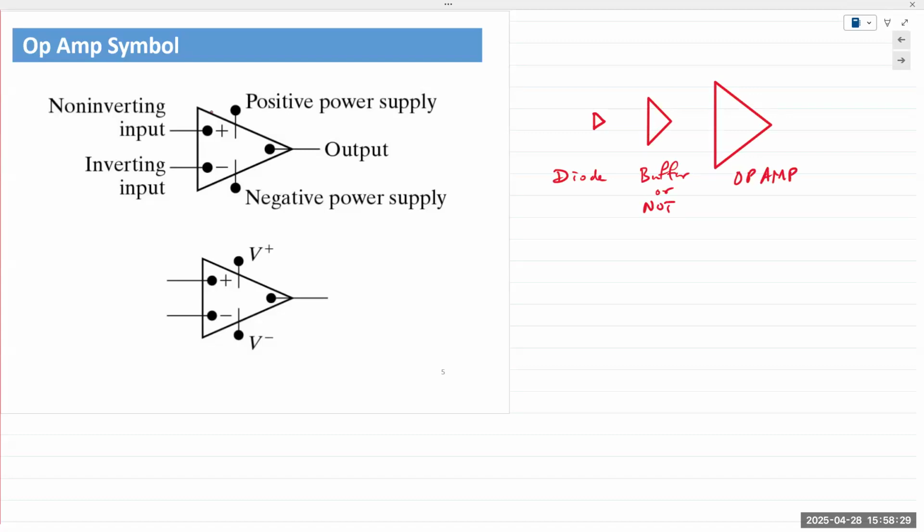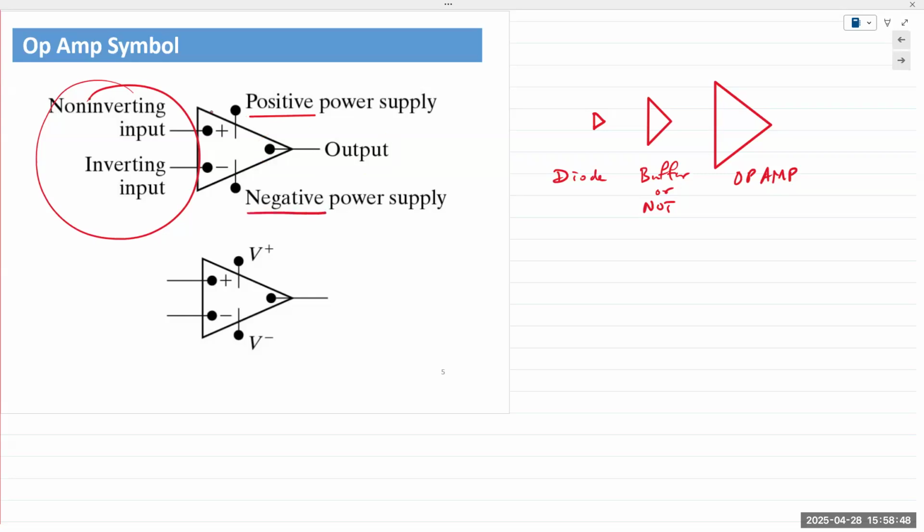So again, op amp is a triangle. You have the inverting and the non-inverting inputs on the left. Typically, that's how an op amp would always be drawn. Input on the left, like any other circuit. You have the output on the right coming out from the arrowhead. And then you have two power supply lines, power rails, positive and negative.